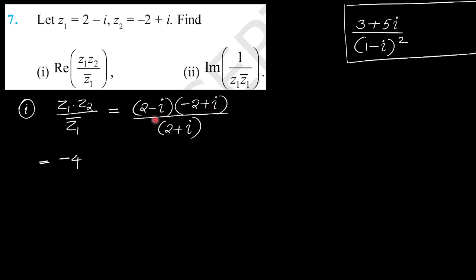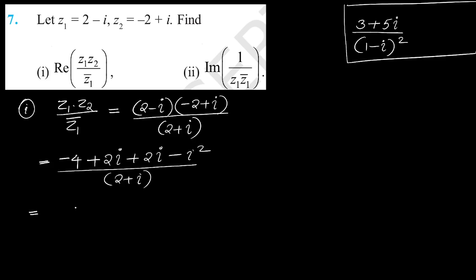Others please listen here. So I am opening the bracket. 2 into minus 2, minus 4. 2 into i will be 2i. Minus i into minus 2, plus 2i. Minus i into i, minus i square, by 2 plus i.